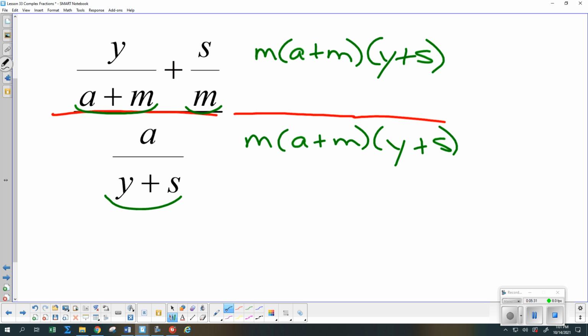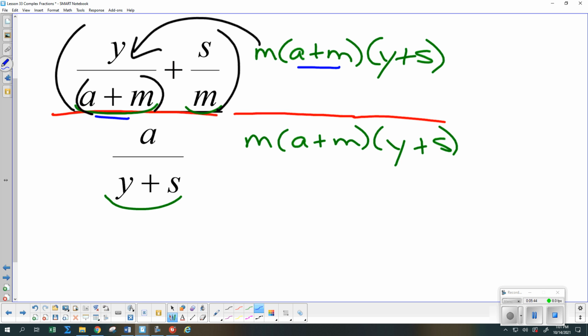In the numerator, I have two terms, so I'm going to have to distribute. When I take the y over the a plus m, the a plus m's are going to cancel. I will still have my original y that I had, and I will have the m and the y plus s after the a plus m cancel.